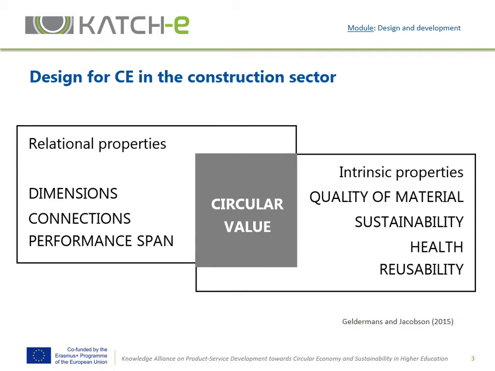But it is impossible to think of circular construction products without relating to the building into which they are incorporated. When it comes to sustainable construction, products need to fulfill intrinsic properties: high quality, being of sustainable origin, non-harmful and consistent with biological and technological cycles, as well as relational properties: how the product relates to the design and use of the construction, anticipating multiple future user scenarios, such as dimensions, connections and lifespan.